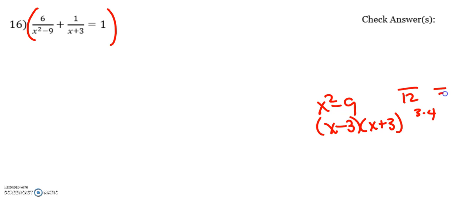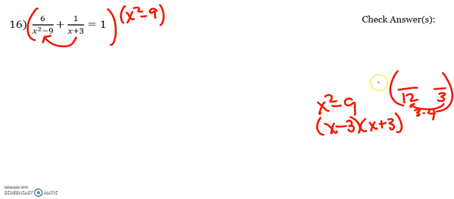If I had something over 3, my least common denominator is 12, because 3 goes into 12, in the same way that x plus 3 goes into x squared minus 9. Okay, so I'm going to multiply by just the x squared minus 9, just like I would have multiplied this fraction with numbers by just 12.